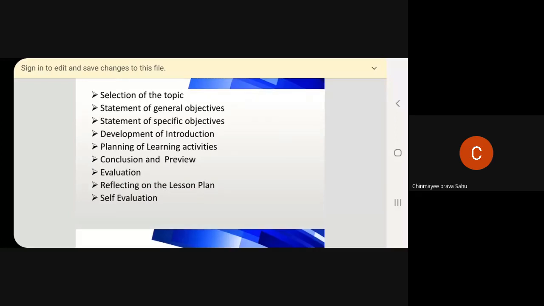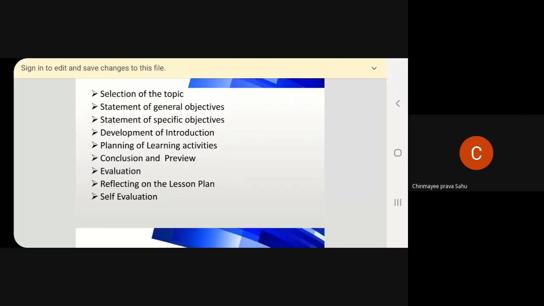When we frame objectives from the cognitive domain, at that time we can use the word define, or tell, or words like that, which are related to knowledge only.